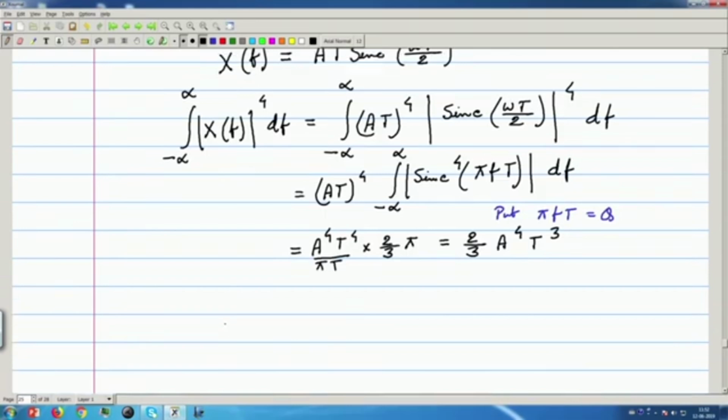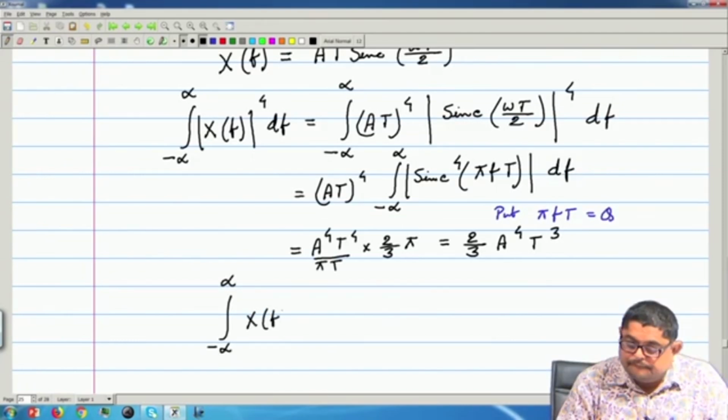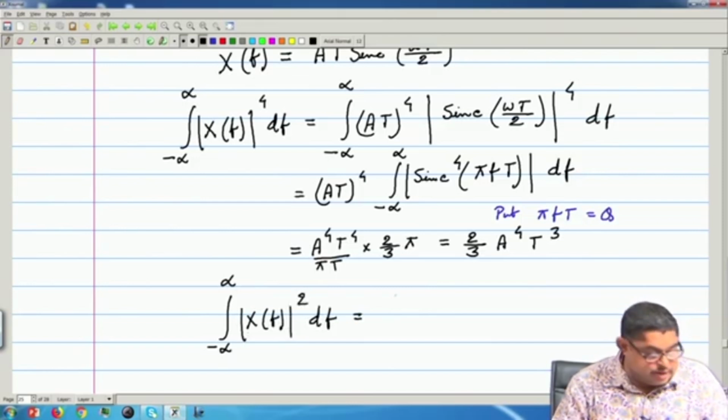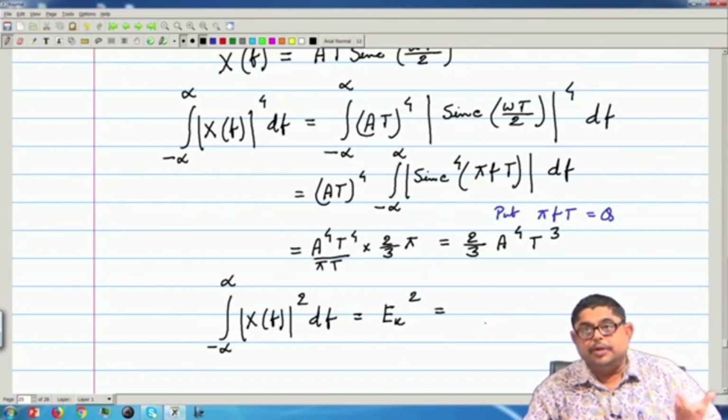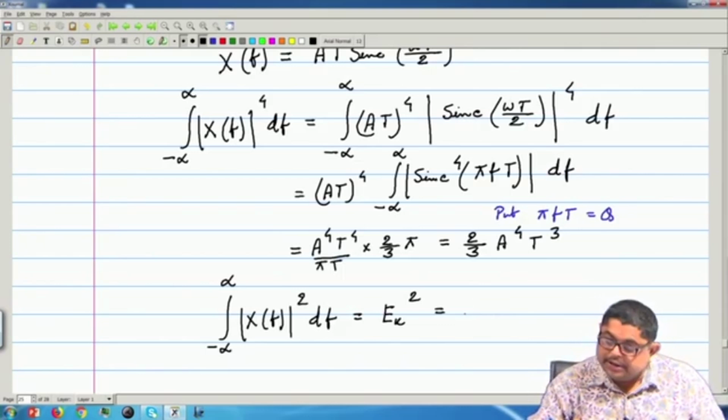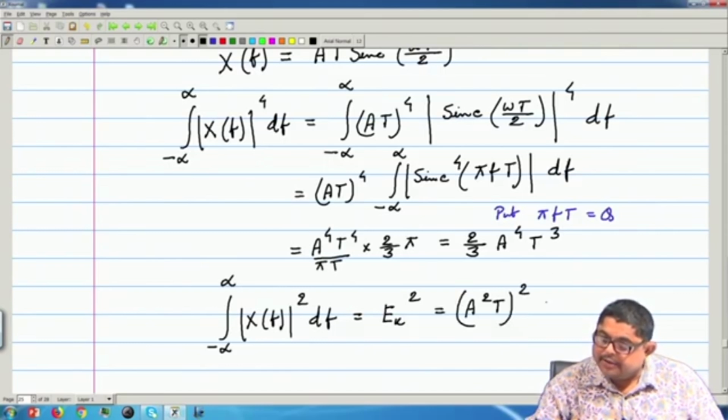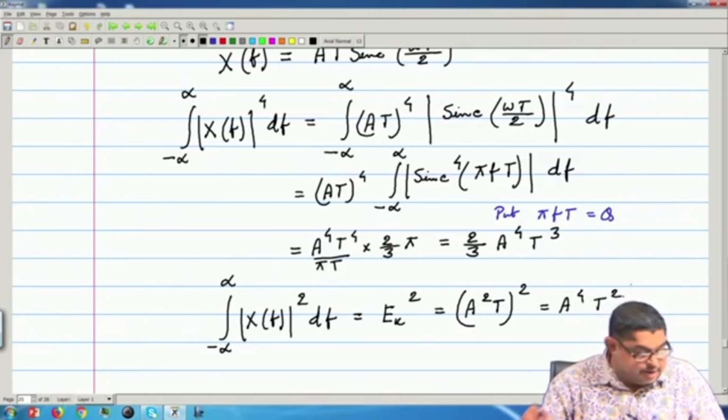And what is the energy of the signal? We know the denominator is the energy, which is nothing but E_x squared, and we know that in a rectangular function the energy is A squared t. So, it is squared. So, that is A to the fourth t squared.